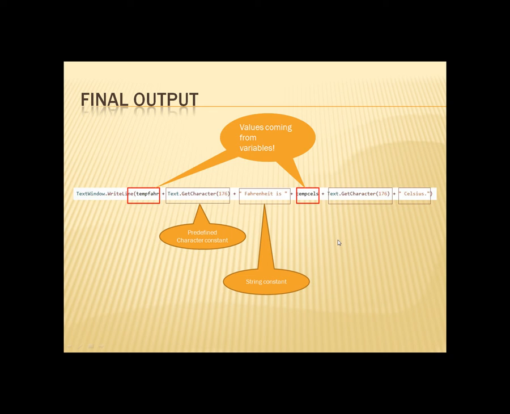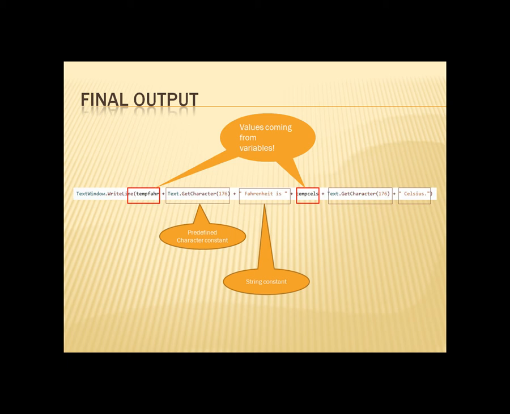Also, because we're forming a sentence with this, 13 degrees Fahrenheit is negative 11 degrees Celsius, we do also have to hard code the English language. Fahrenheit is and the spaces. I've got to hard code the spaces. So these are what we would call string constants. We talked about the numeric constants in the calculation, the 5, the 9, the 32, but you can also have string constants.